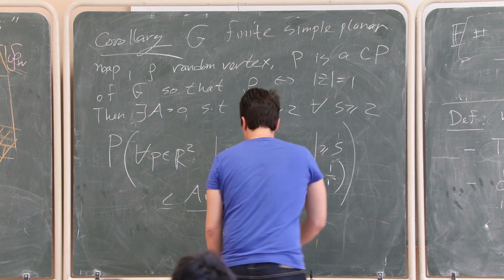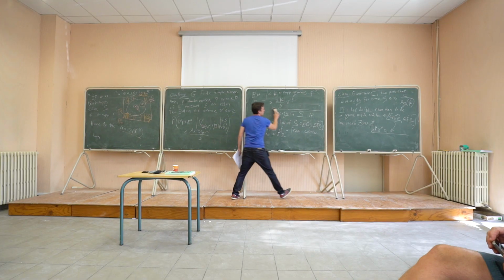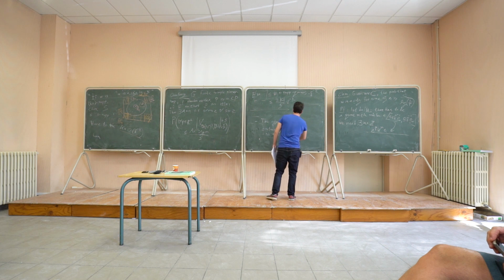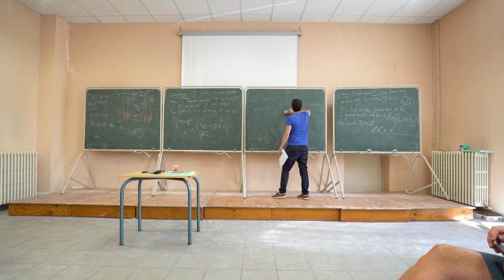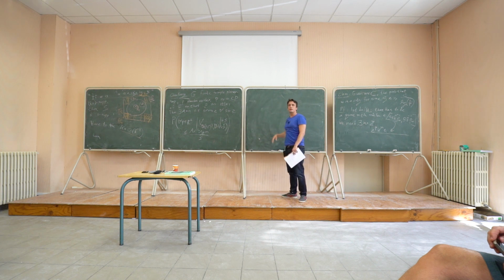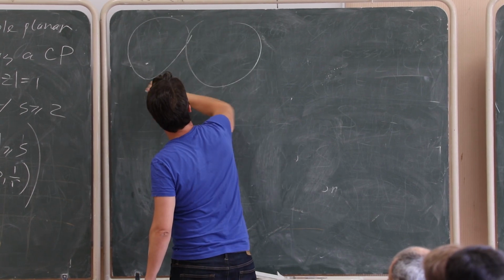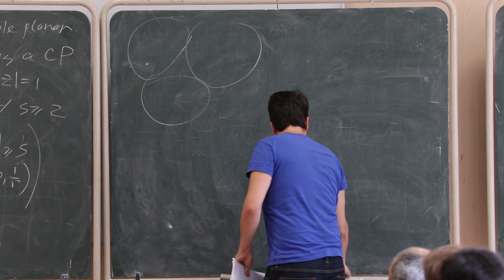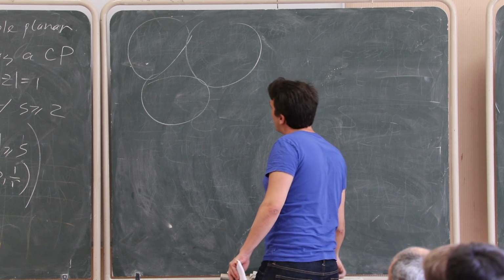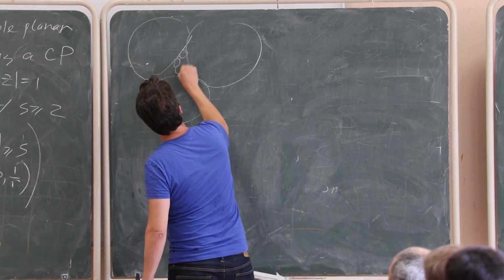So what is the picture? Imagine for our considerations that G is a finite triangulation. If you are in a finite triangulation, that also means that the outer face is a triangle, so you have three big circles, and all the other points are circles that are drawn within.